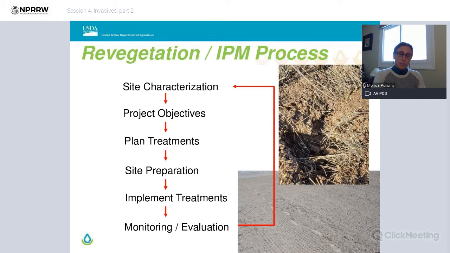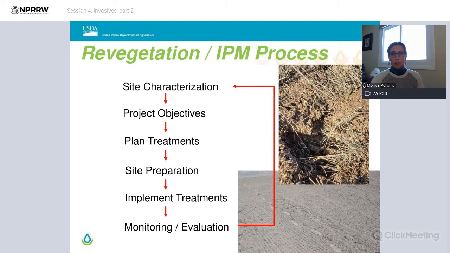I like to emphasize that when you are entering into using revegetation and invasive plant management, you really think of it as a process. There's a lot of different things to think about that go into a revegetation project to make it successful. The first thing is we want to characterize our site. By that, I mean, what is the climate like?